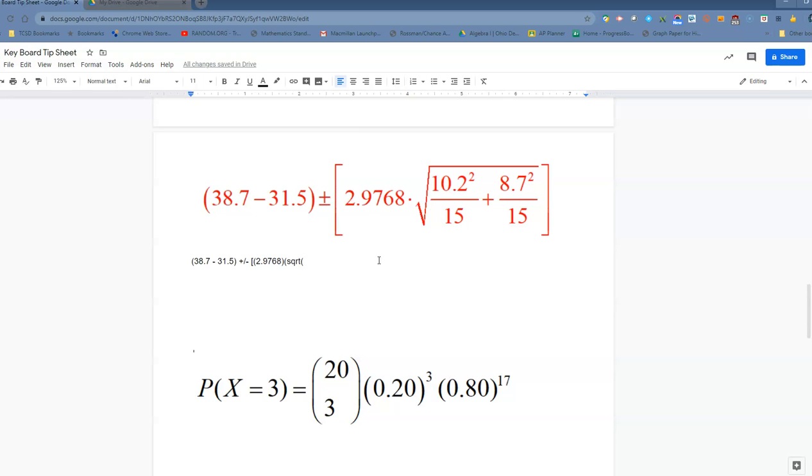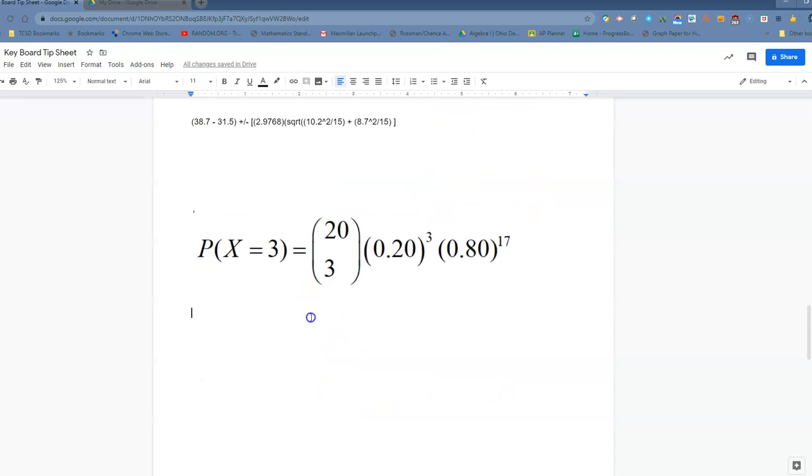So we have another set of parentheses, 10.2 raised to the second divided by 15 plus, and then we have another set of parentheses here, 8.7 raised to the second divided by 15, and close that off, and then end that bracket. So really easy there, really not that bad. Again, doesn't look great, but not that bad.